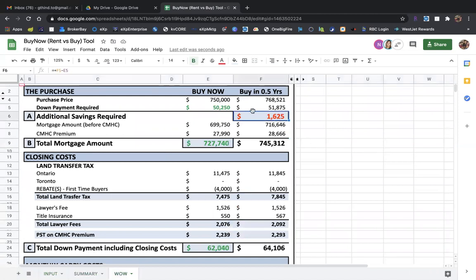In 6 months, they're not paying that much more for the place, but it's still 750 versus 770 almost. So 20,000 is nothing small, right? Their mortgage is still lower. Their premium is actually higher because they're paying more 6 months from now for the same house. And they're not really substantially increasing their down payment.